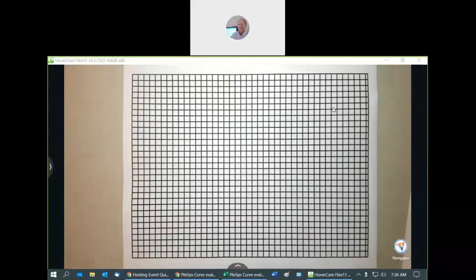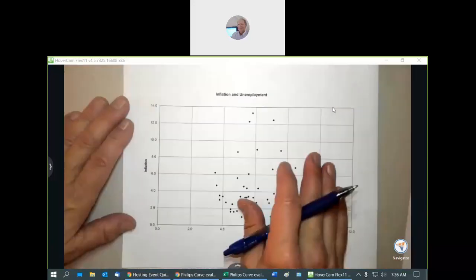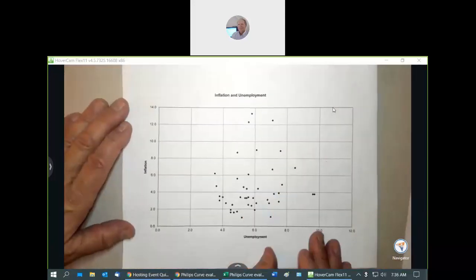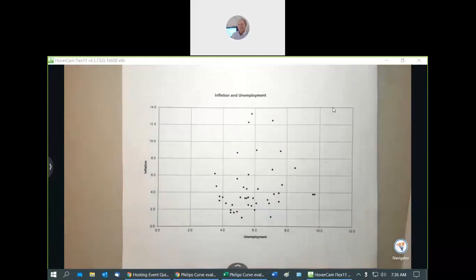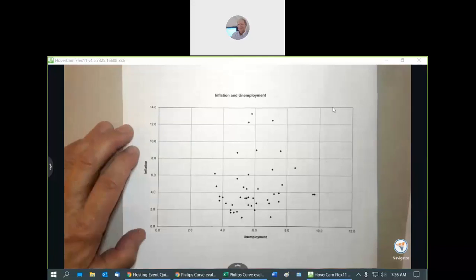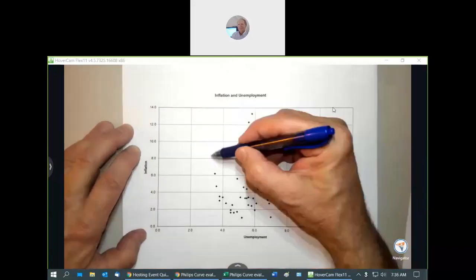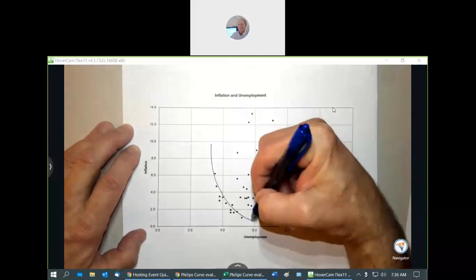Now, that's where the power of this approach comes in, and that's where the complication comes in. But first, let's have a look and see whether we're likely to succeed. And if you look at that, oh, wow, how could there possibly be a relationship in that? But if you look more closely at the data, it looks as if there is really a Phillips curve running through there.